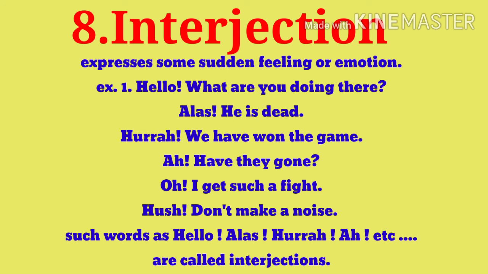Such words as hello, alas, hooray, huh, etc. are called interjections. They are used to express some sudden feeling or emotion. It will be noticed that they are not grammatically related to the other words in a sentence.